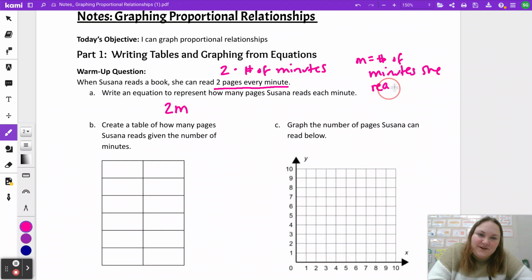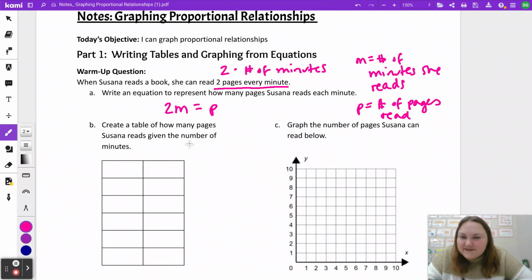In order to be an equation, we need this to equal something. So I could say 2m would equal, maybe I use the letter p, and p is going to represent the number of pages read, or your total pages.